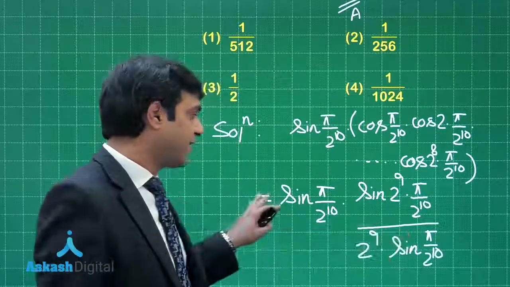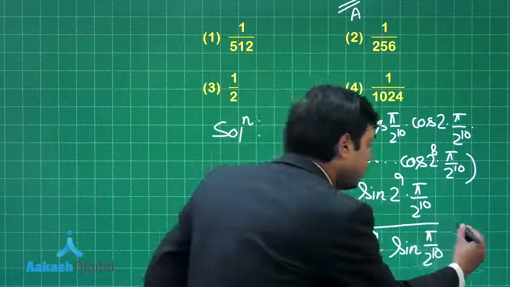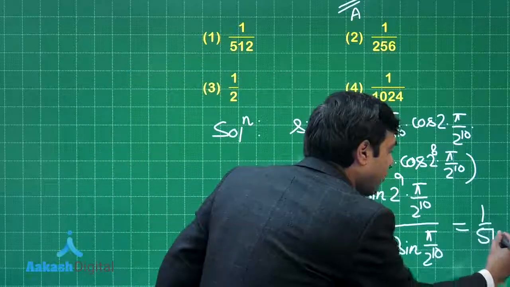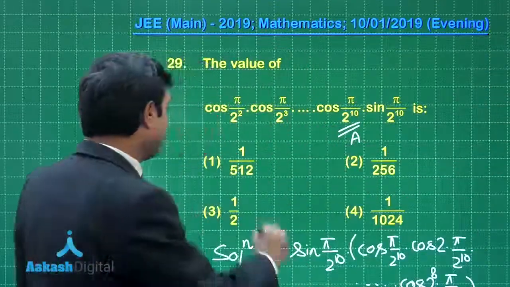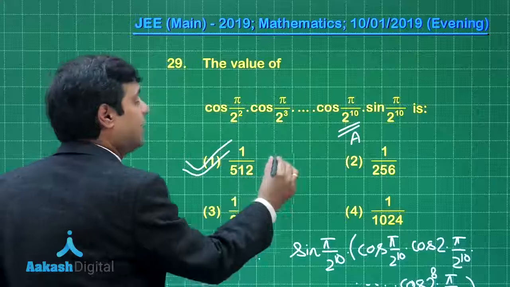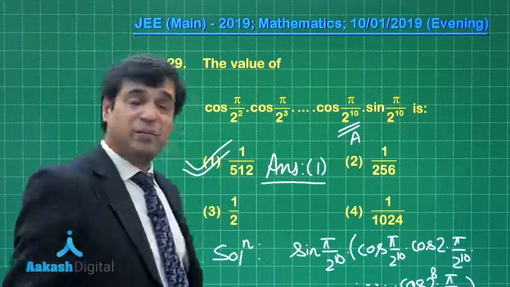You can see this term is cancelled. This is sine pi by 2, which is 1. So, we are left with 1 upon 2 to the power 9, that is 1 upon 512. Let us see from the given options, 1 upon 512 is given as option number 1. So, I am sure this question from trigonometry is clear.